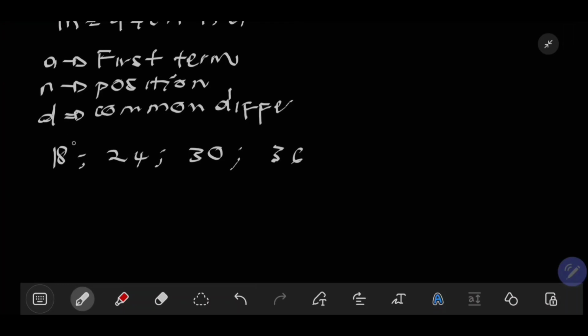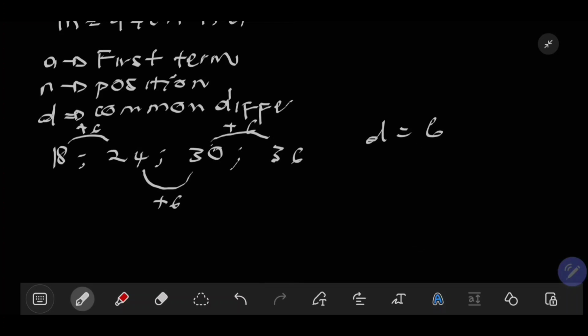To move from the first term to the second term, we add 6. From the second to the third, we add 6. From the third to the fourth, we add 6. So this 6 is our common difference, which means D in this case is 6.